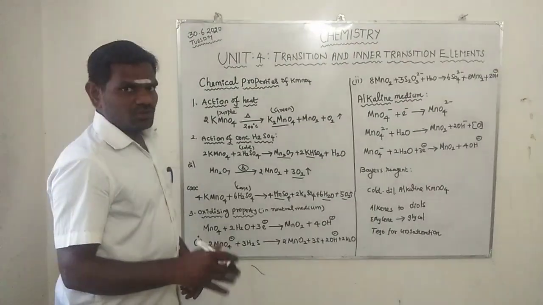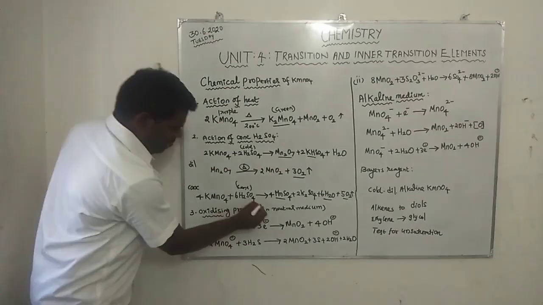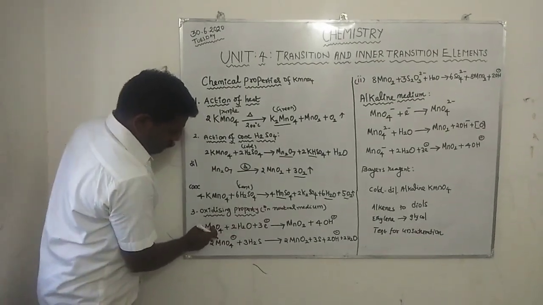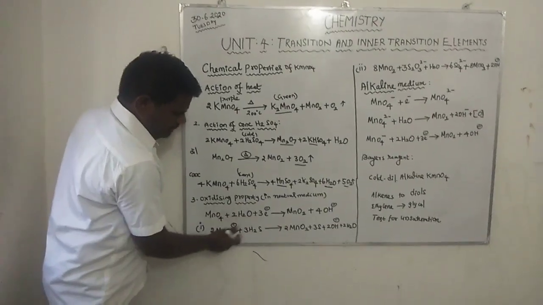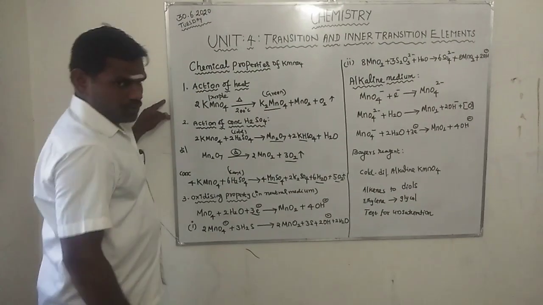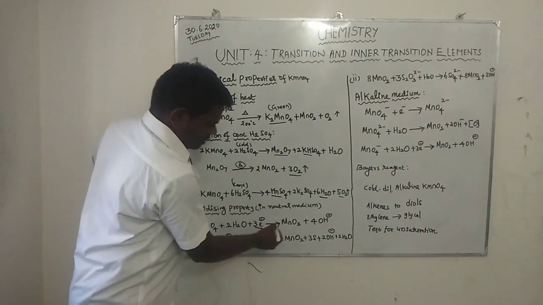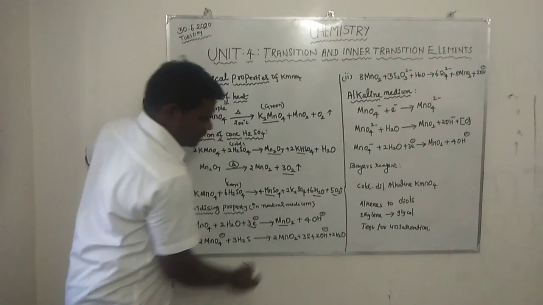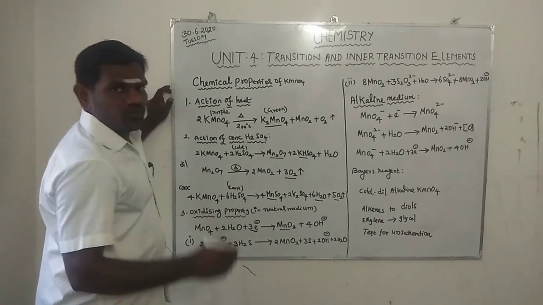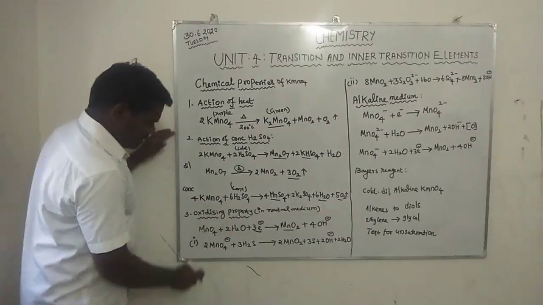No acid, no base, which is neutral medium. The MnO4 minus is treated with water, and 3 electrons are gained. It's converted into MnO2 plus 4 moles of hydroxide ion.